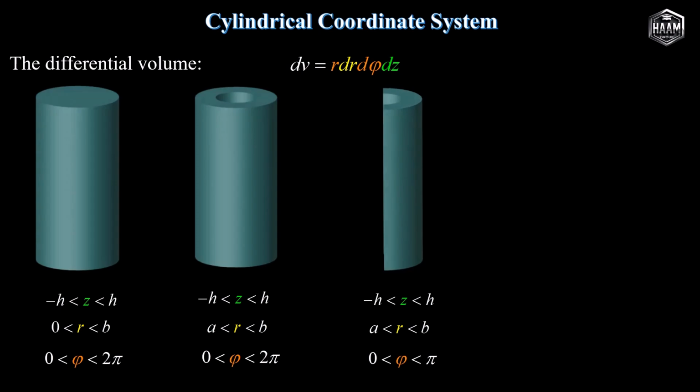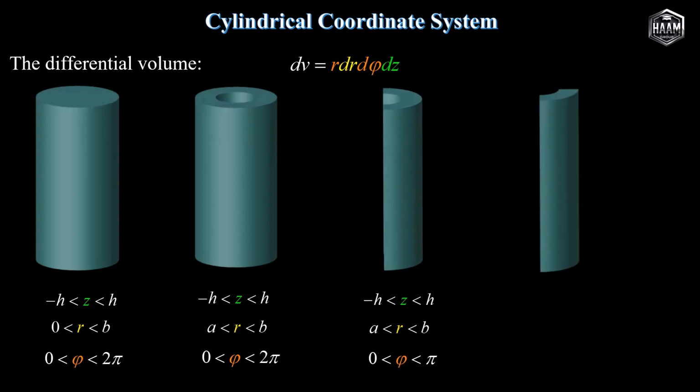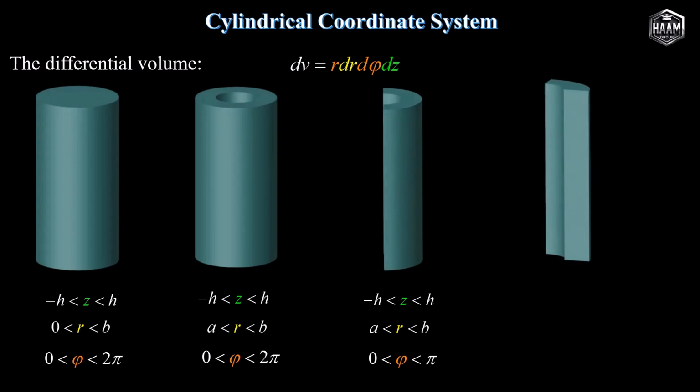Now, let's take this same hollow half cylinder shape and make another cut, a 90-degree cut within it. We arrive at a shape like this one. Now let's write out the range of the variables.